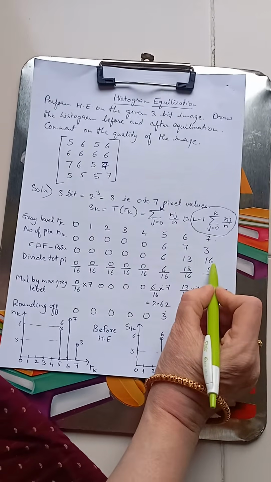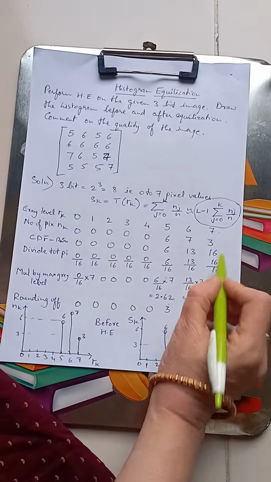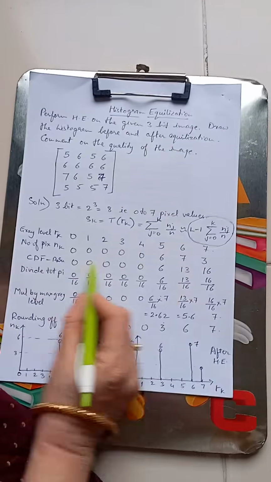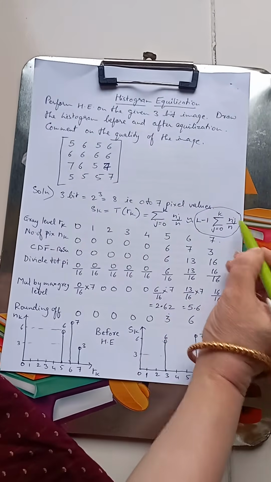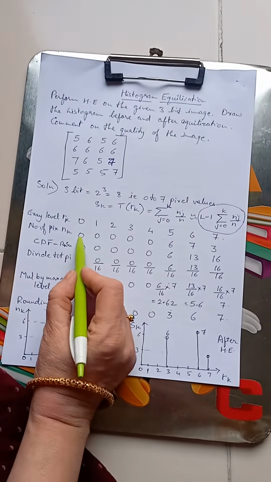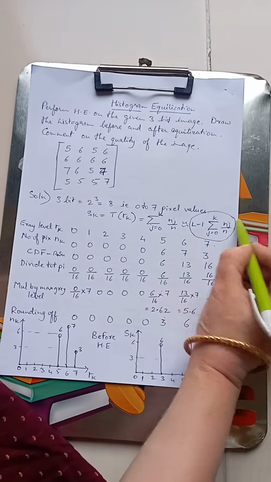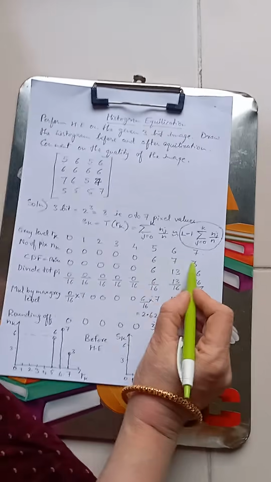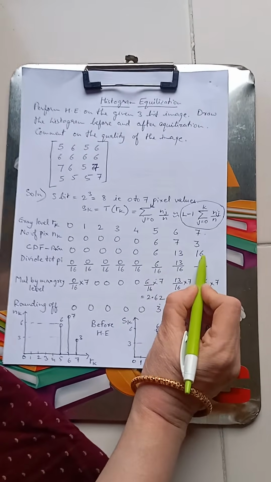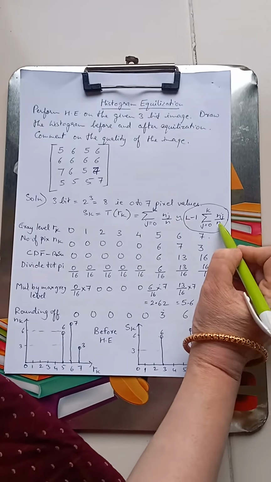So we have done the summation step and the n_j step. Now we will do n_j by n.